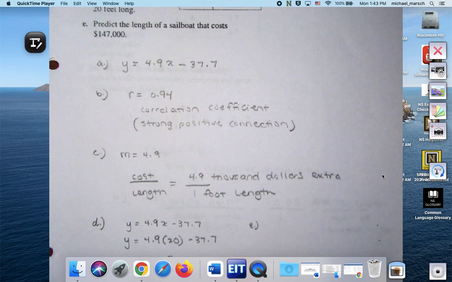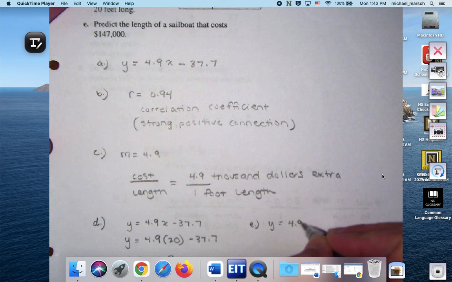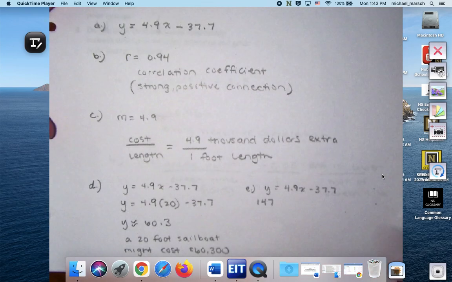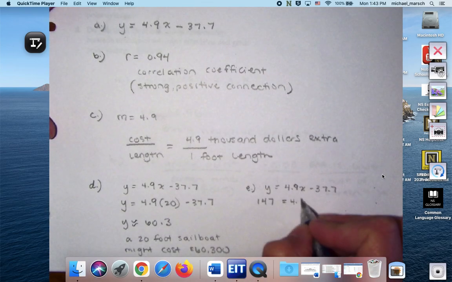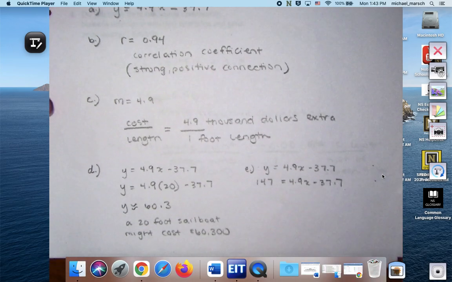I'm not going to put in 147,000 because that's not going to be proportional to the 4.9 or the 37.7. So I have this same equation, 4.9x minus 37.7, and I'm just going to put 147 here. And then I'm going to solve for x, right? The actual length of the boat.